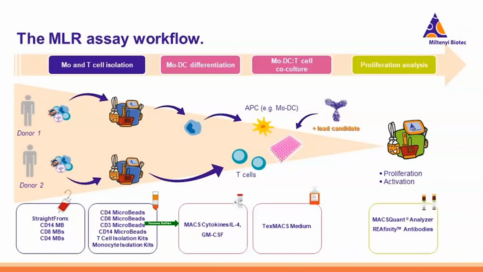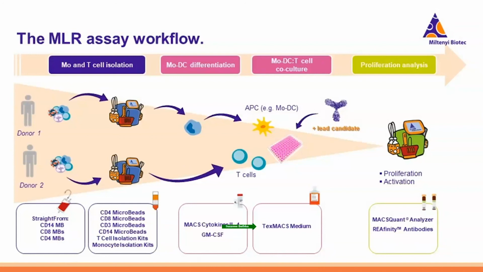And then in the step of cultivation and moDC differentiation, you can use the MACS Premium Grade cytokines IL-4 and GM-CSF to really differentiate your moDCs. For the T cells, I would recommend you the TexMACS medium. That is really a great medium for T cells, which gives you high expansion of T cells. What's really nice.